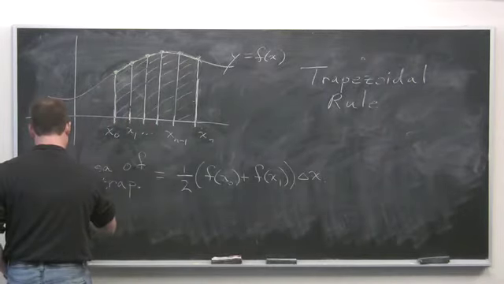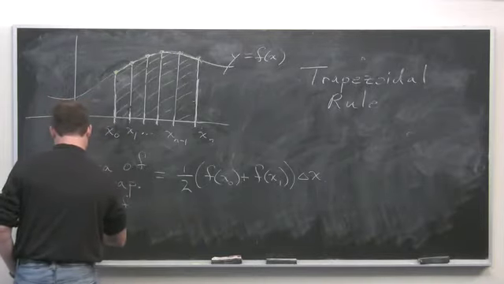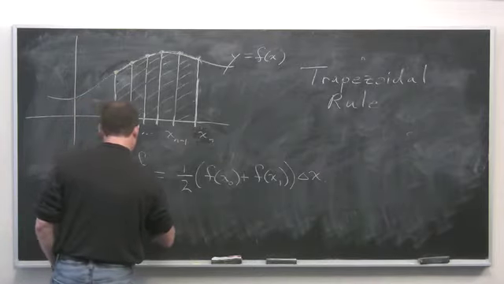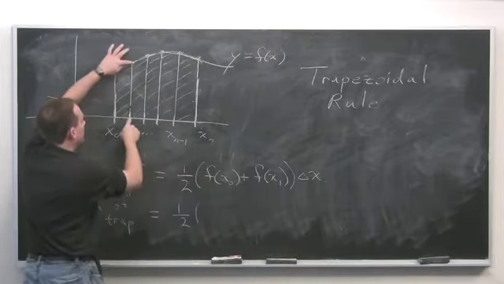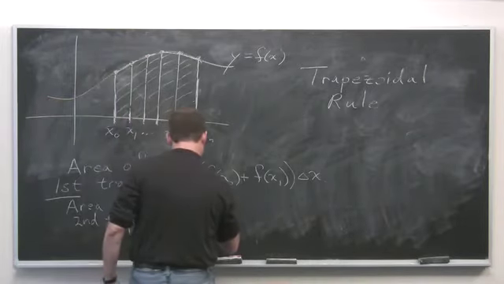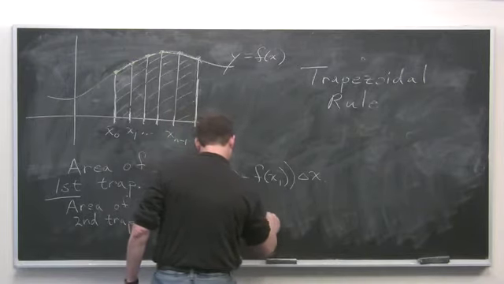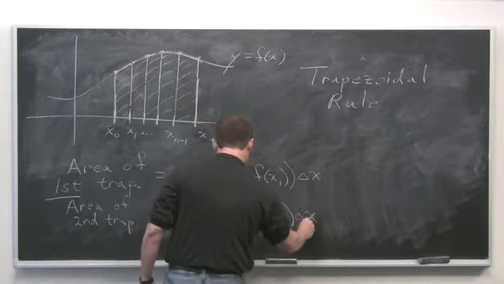What's the area of the second trapezoid? Well, it's 1/2, and then the bases here are f of x1 and f of x2, times delta x.